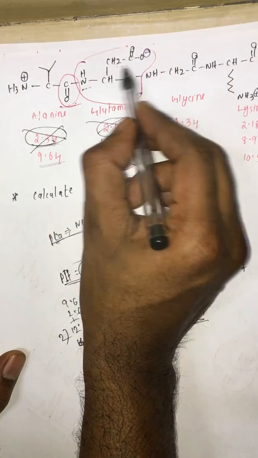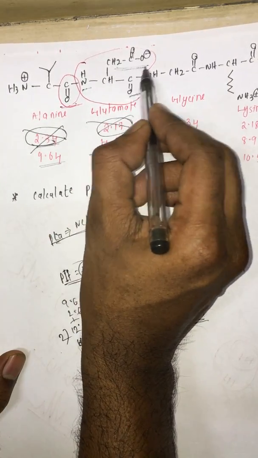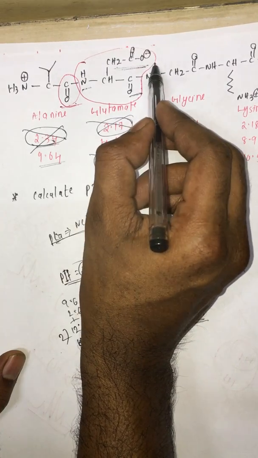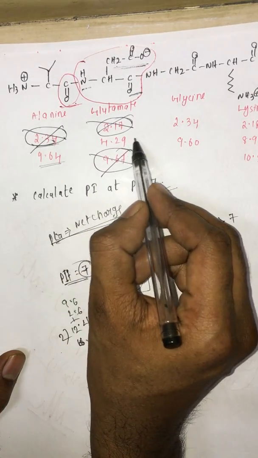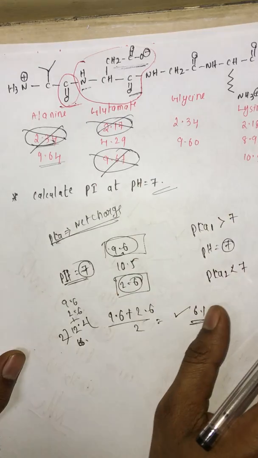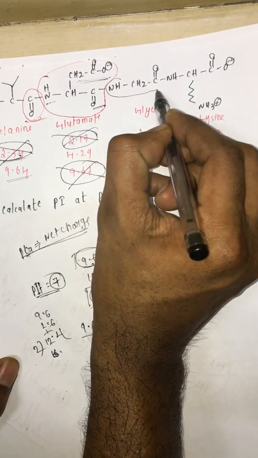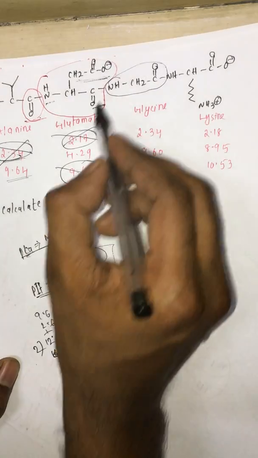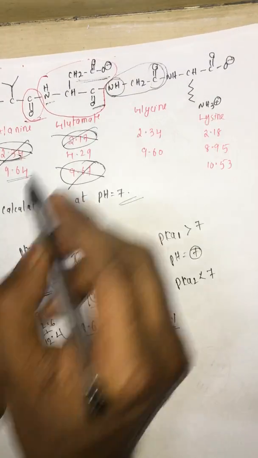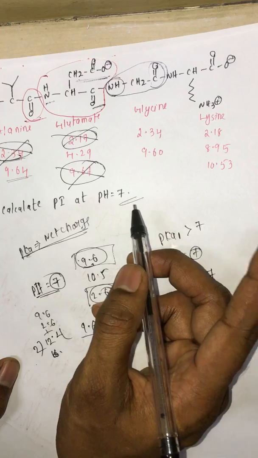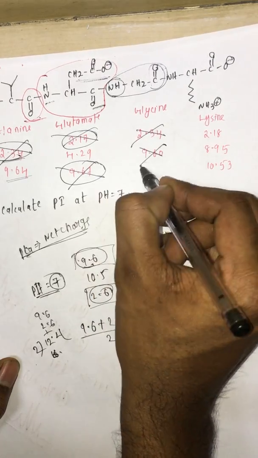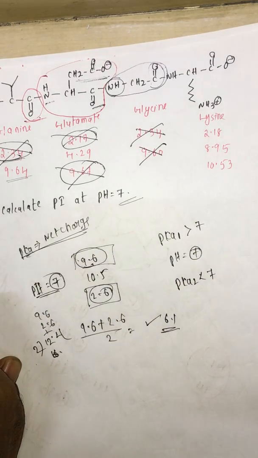But the side chain carboxylic acid is present in the charged form, so we cannot neglect this one, we will keep it like that. Now we'll go for glycine, from here to here. In glycine both the NH as well as the carboxylic acid are present in the neutral form, so we can cross out both pKa values.